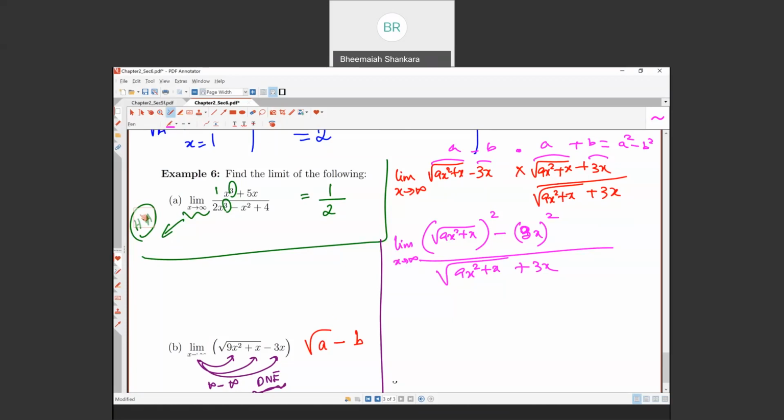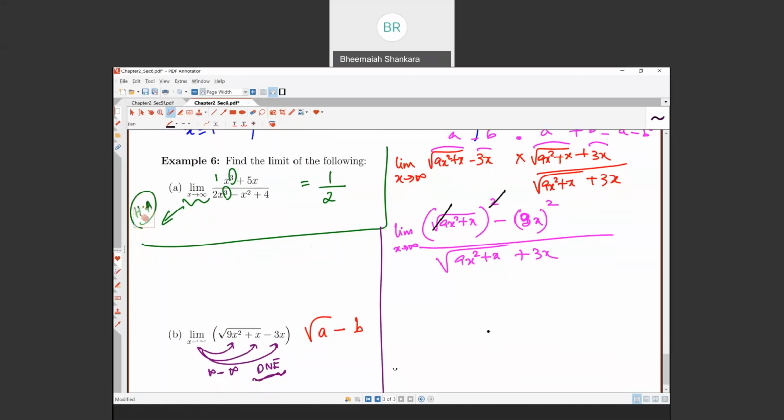We know that the square of a square root is just the term. So this is 9x squared plus x, and let's square the second term. The square of 3x is 9x squared with the negative sign. So you see 9x squared cancel because when you subtract it's 0, divided by square root 9x squared plus x plus 3x.